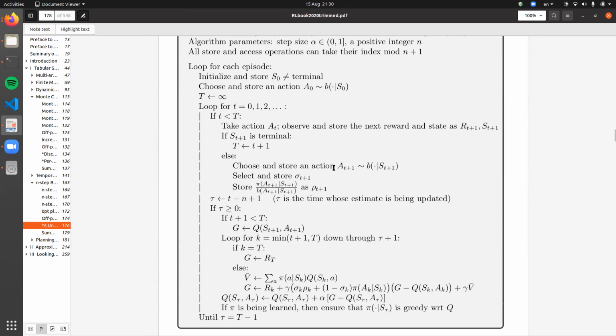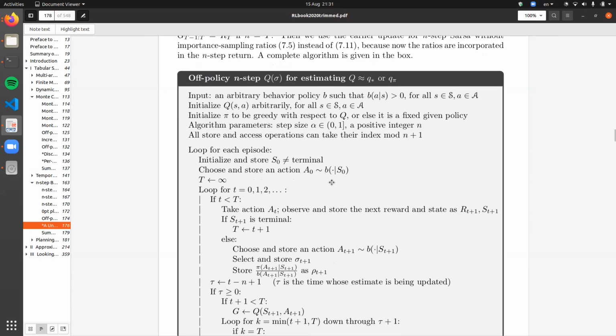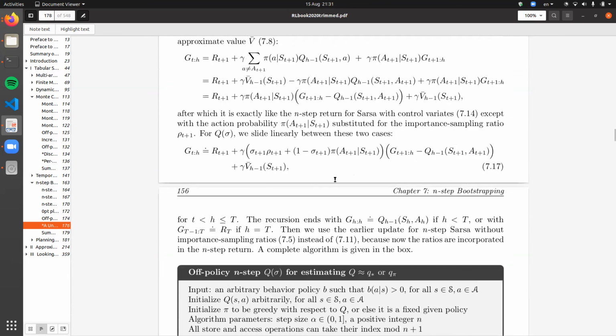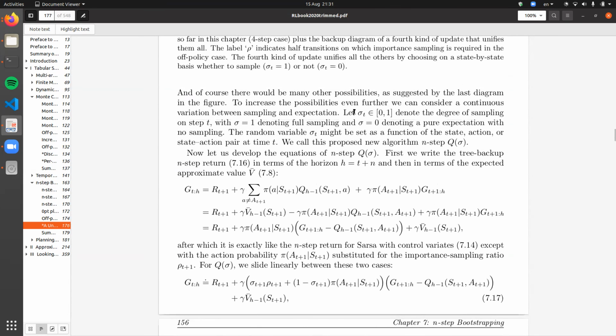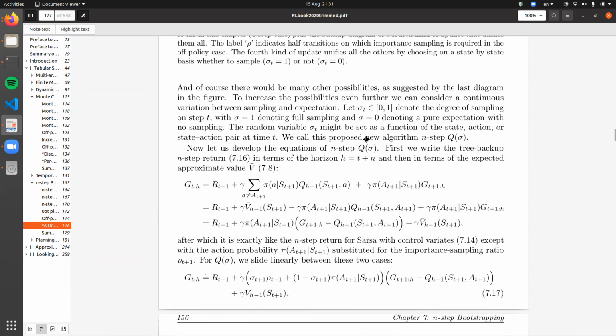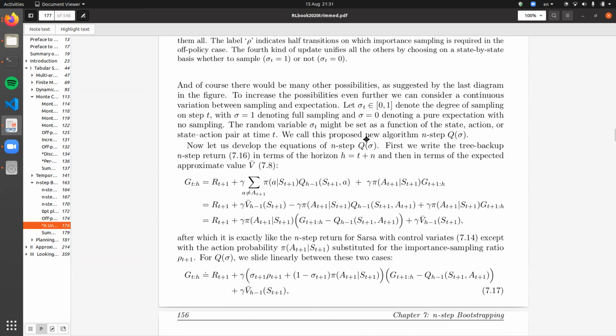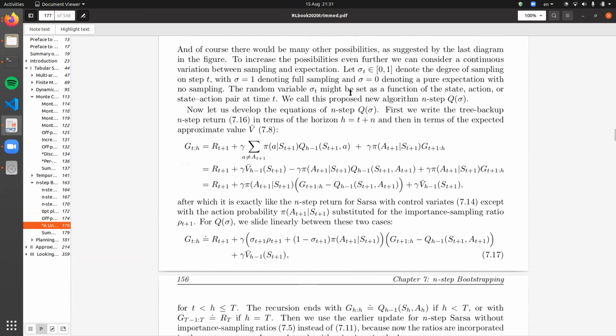At each time step, we are selecting a sigma, which is between 0 and 1.